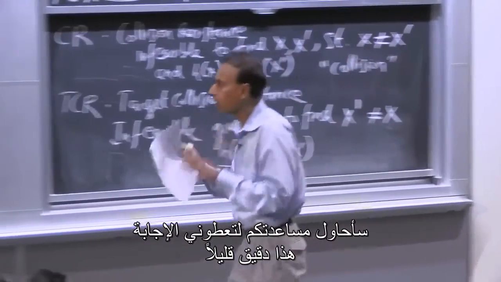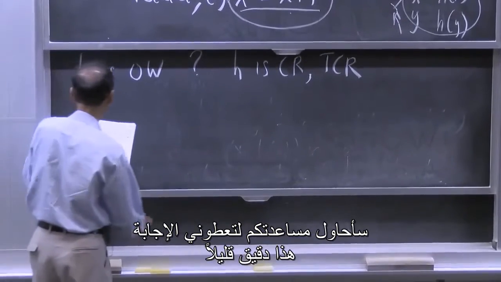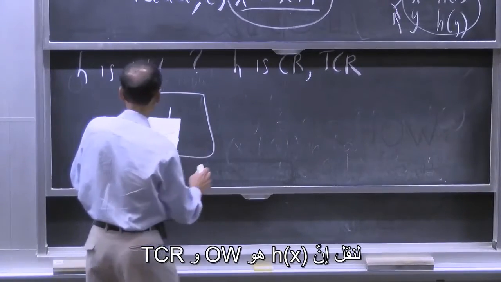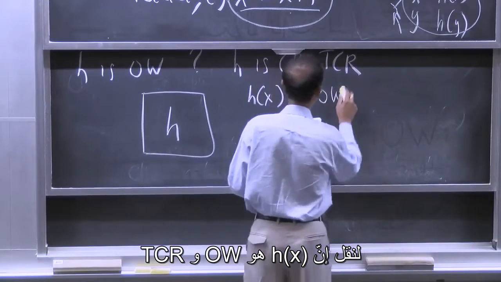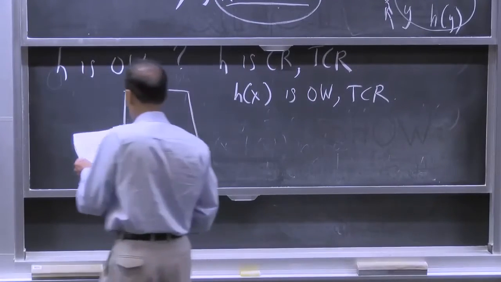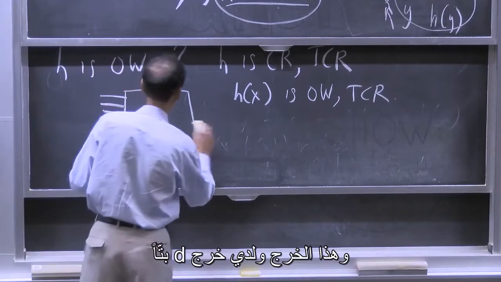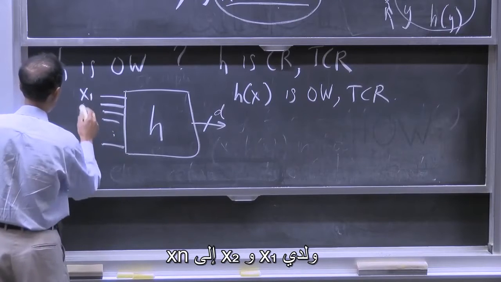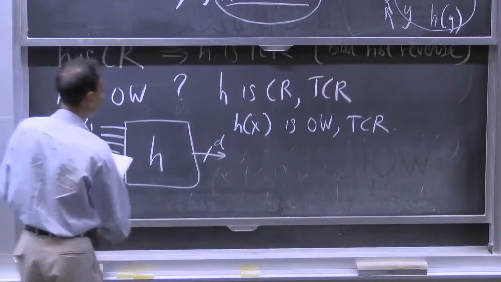So I'm going to try and extract this out of you. This is somewhat subtle, but the way you want to think about this is, let's say that h of x is OW and TCR, okay? And so I have a bunch of inputs, and this is the output, and I get d bits out, and I got x1, x2 to xn, okay?